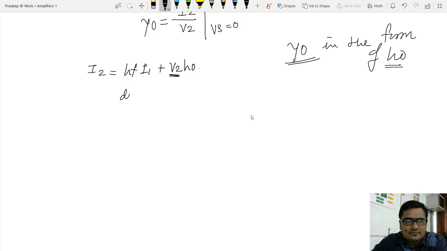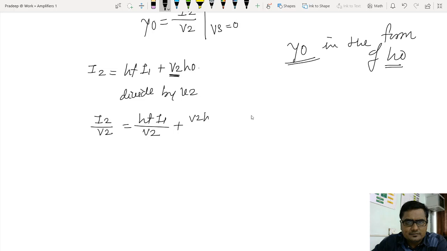It means I have to divide by V2. So divide your left hand side by V2 and right hand side by V2. HF I1 divided by V2 plus V2 divided by V2.